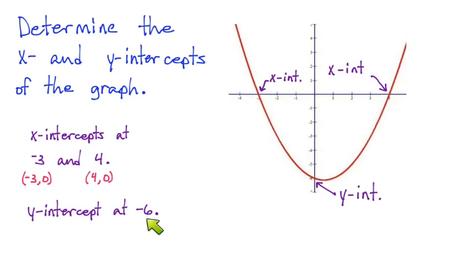We know that if it's an intercept, it's on the y-axis and it's at -6. Okay, so when we're talking about an x-intercept, we know that the numbers that are given here are x values, and when we're talking about a y-intercept, we know that the number given here is a y value.